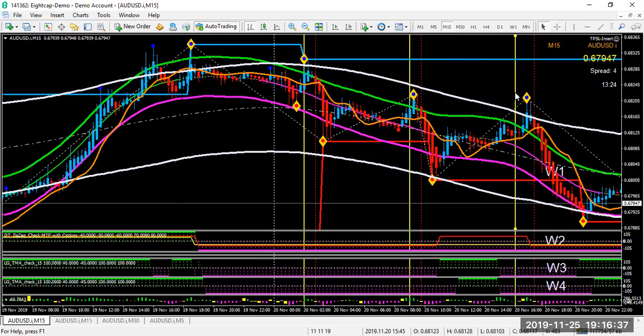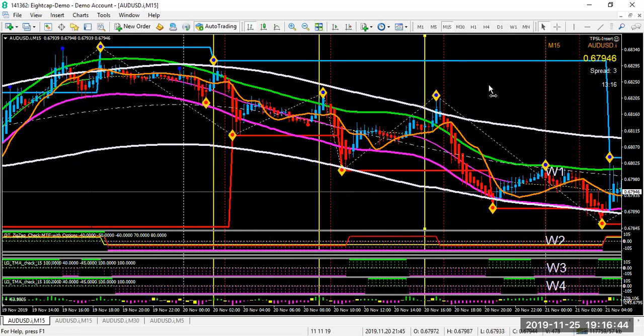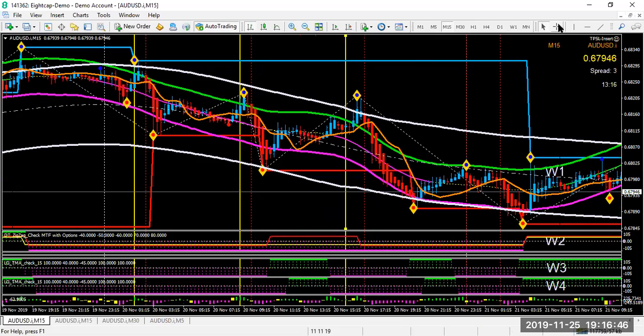Okay, so the retracement up here was outside and below the M15 pink riverbank and came back to the green riverbank. And look where the green riverbank is. It's on the river center line.